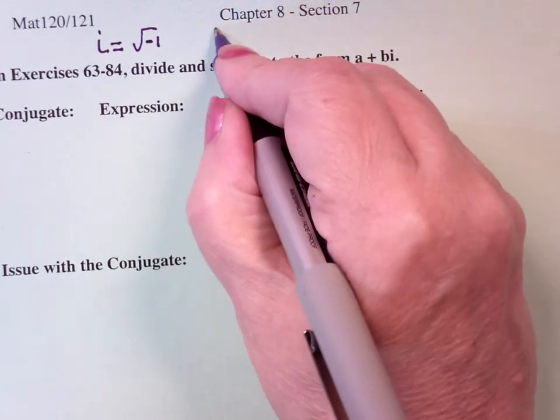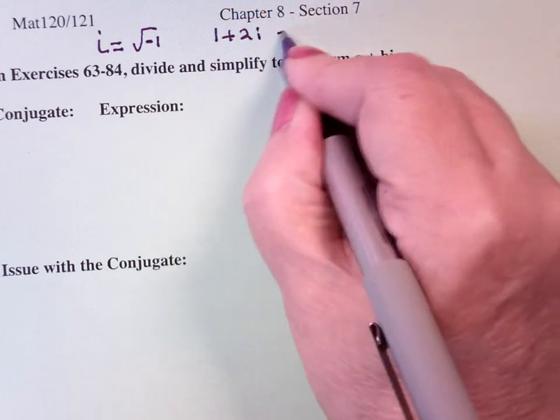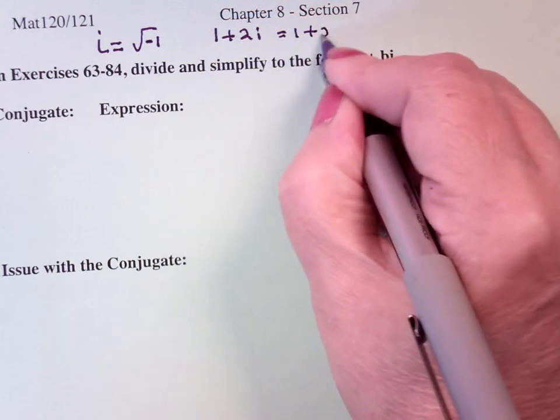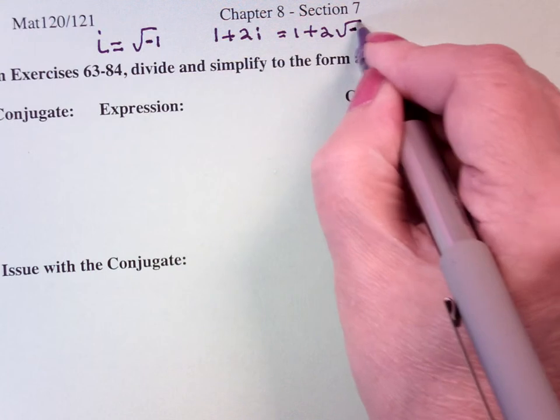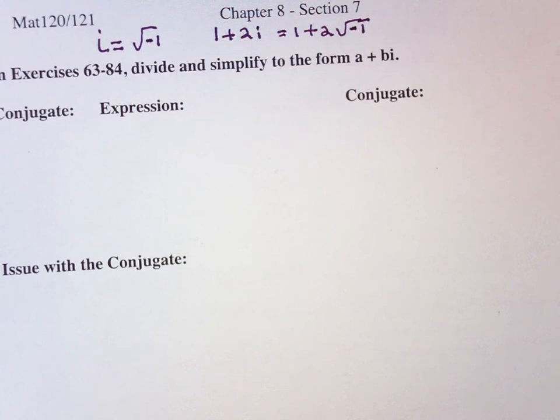So if I were to write 1 plus 2i, this is really 1 plus 2 square roots of -1. The only difference from what we did earlier is that we have now hidden the square root of -1 into the letter i. But it is a radical.